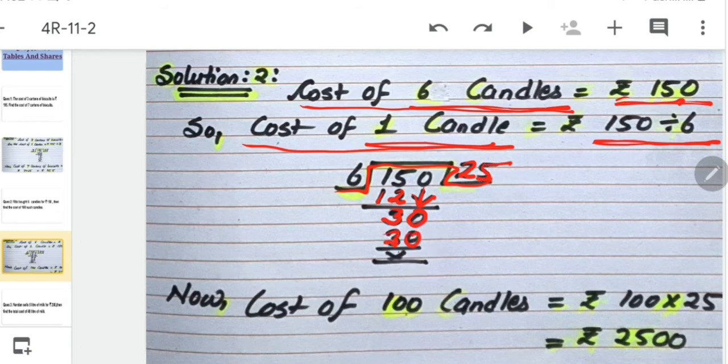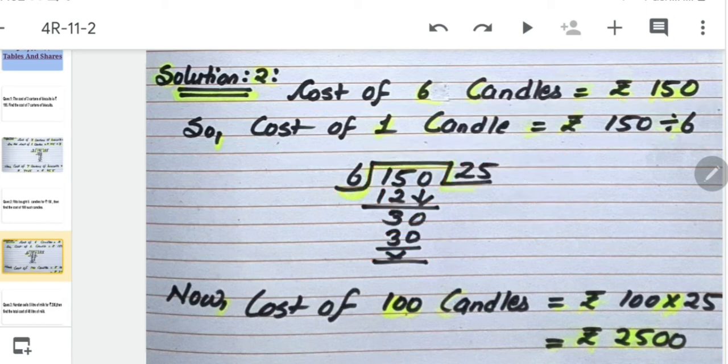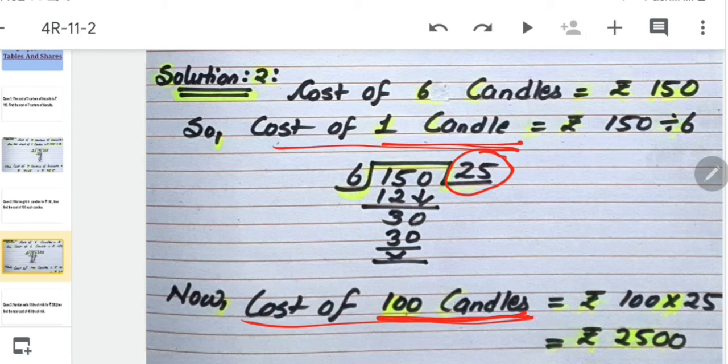Now we will have nothing in remainder. So the answer is 25. Okay. That means the cost of 1 candle is rupees 25. So the cost of 100 candles could easily be found out by just multiplying 100 with the price of 1 candle, which is 25. So the price of 100 candles will be 2500.